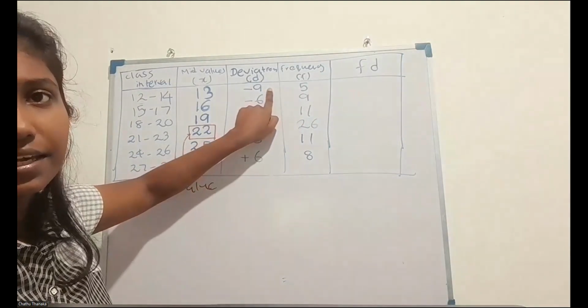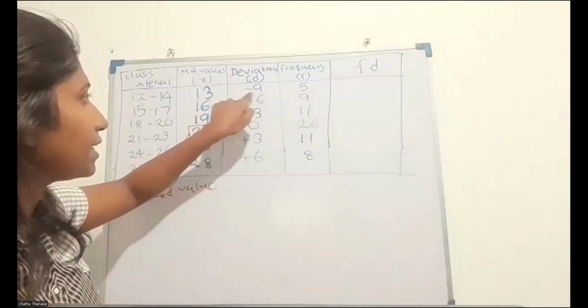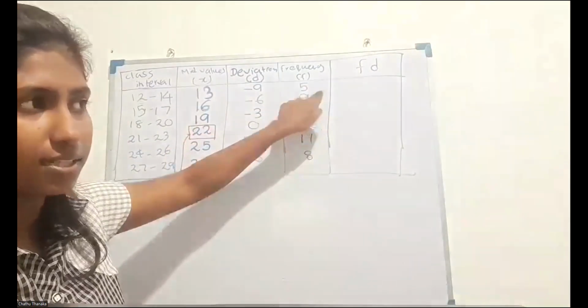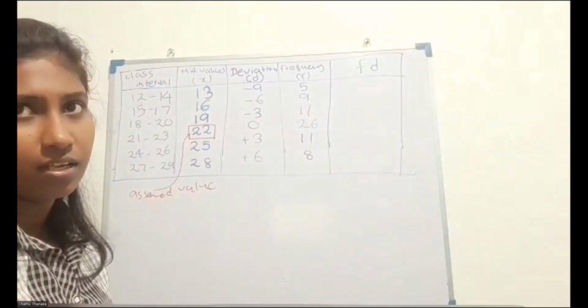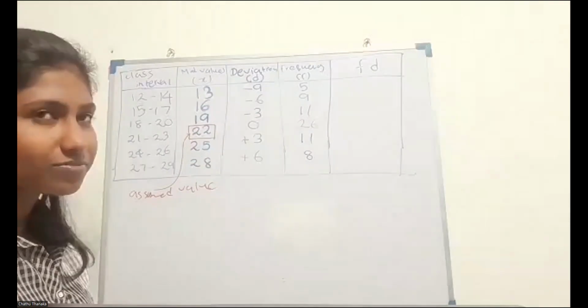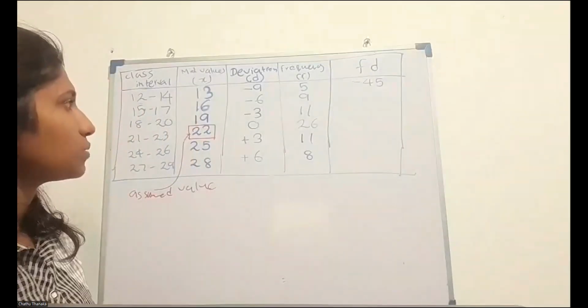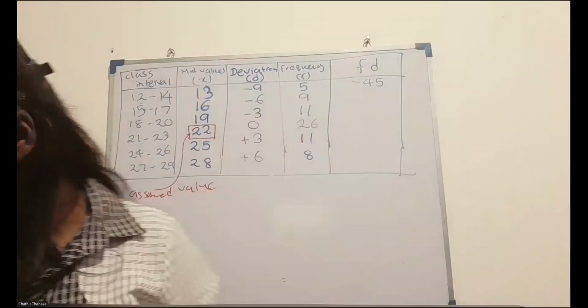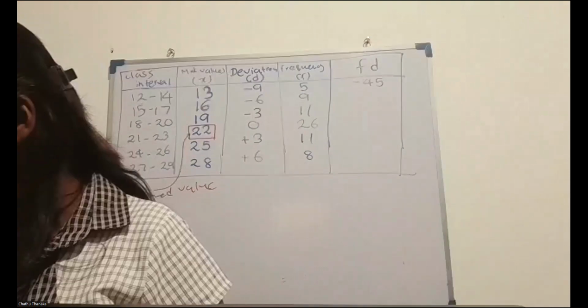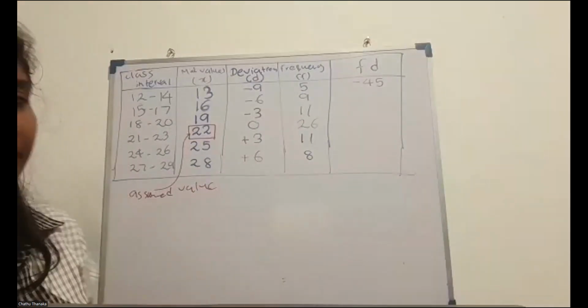So here, let's take these values. Negative 9 into 5. What is the answer? Negative 45. Then the next one, negative 6 into 9. Negative 54.